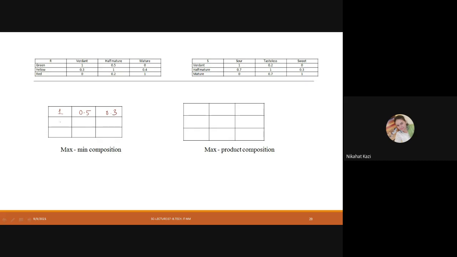Next, 0.7, 1, 0.4. Then 0.2, 1, 1. Can anyone verify it for me? Is it correct?